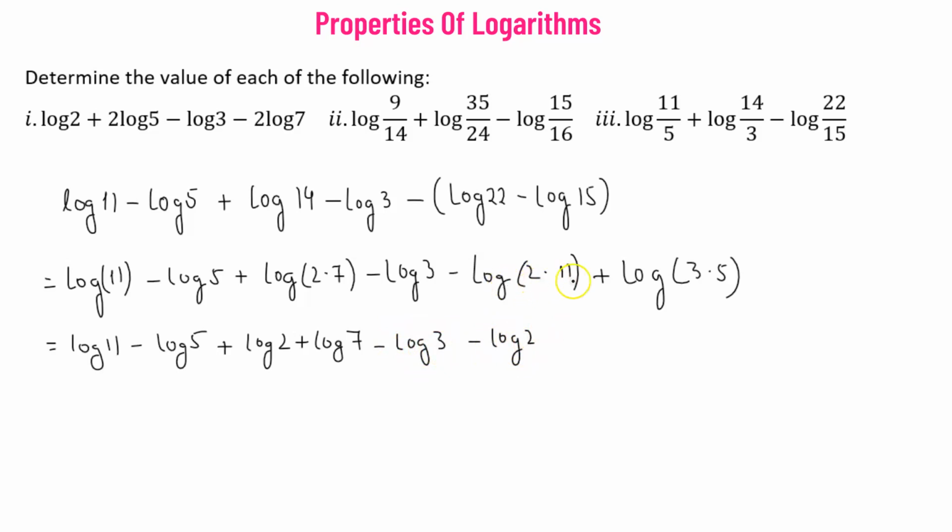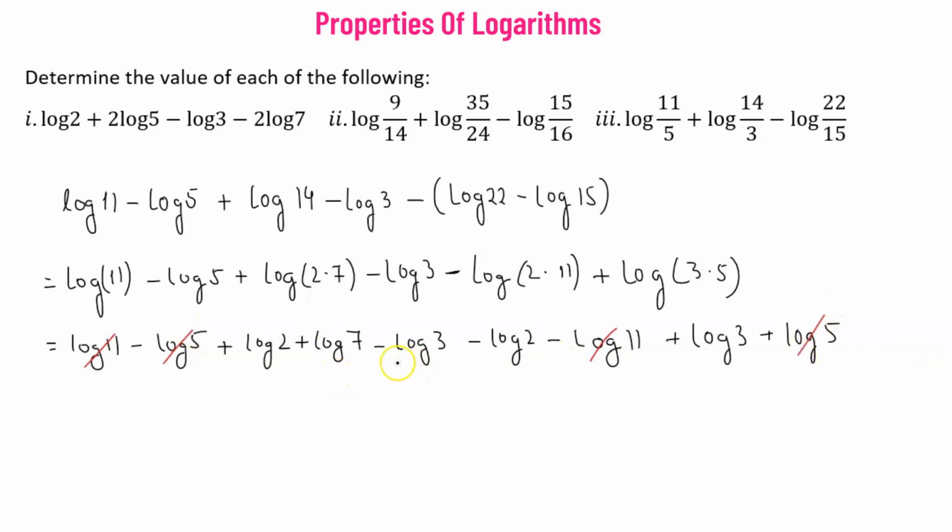So actually it's log of 2 plus log of 11, but since we have a negative sign, so this will be negative log 2 minus log 11 plus log of 3 plus log of 5. Let's see if some terms get cancelled out. So we have log 11 and negative log 11. So this cancels out. We have negative log 5 and positive log 5.